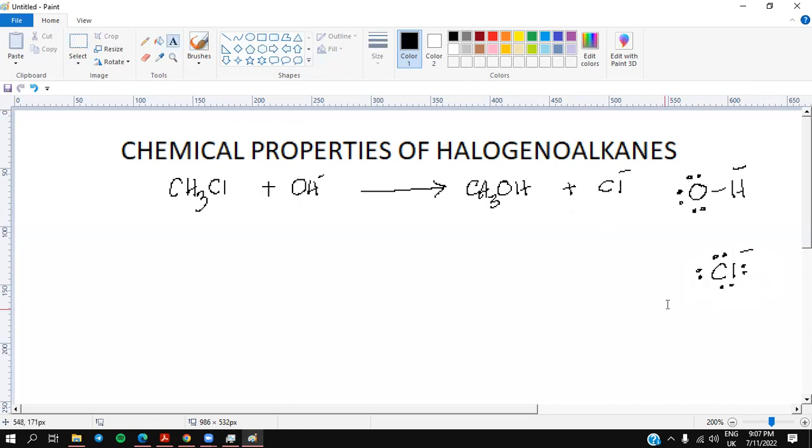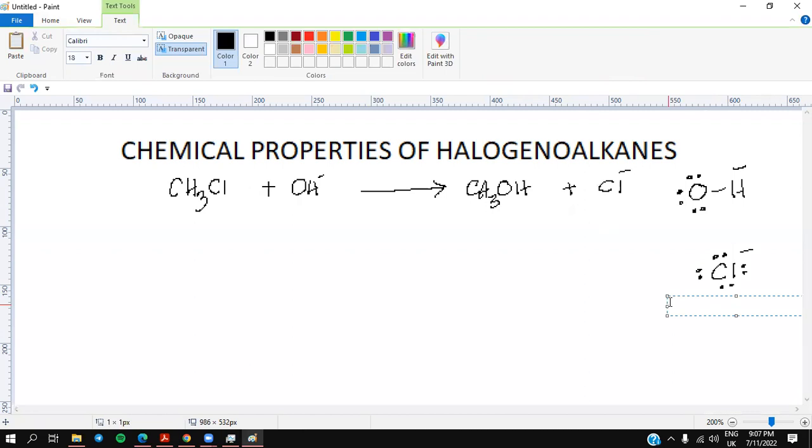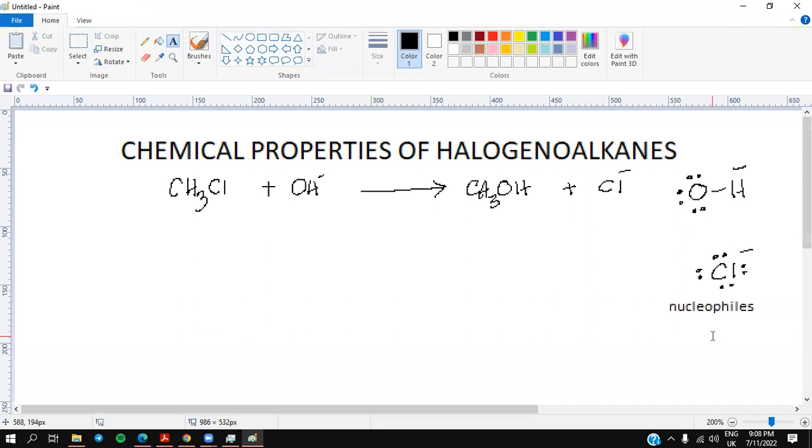Remember, any species having lone pairs of electrons can donate these electrons. This sort of substances are called nucleophiles. What are nucleophiles? Nucleophiles are substances which contain lone pairs of electrons, and these electrons can be donated.